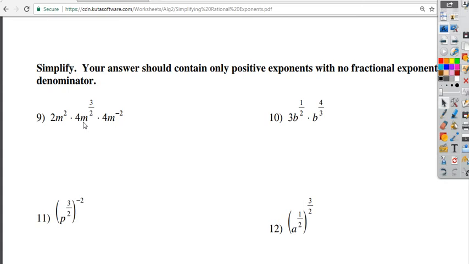So I'm going to be adding 2, 3/2, and -2. Also notice that in this problem, these exponents only go with the variables. They are not attached to the coefficients 2, 4, and 4, because there's no parentheses. So I'm going to multiply 2 times 4 times 4. That's 8 times 4, which is what? 32. So we know we're going to have 32 in front.